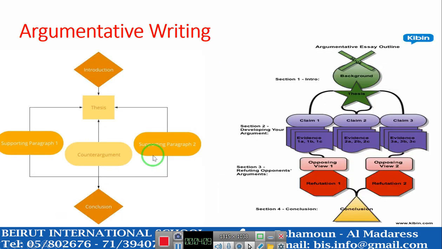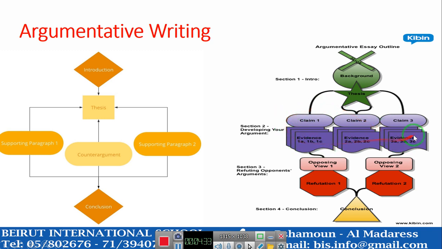So teachers usually prefer such types of argumentative essays, and that's why I advise you to use this type of argumentative writing. Second, in this argumentative essay, we have the introduction that includes the hook or the general statement, background, and the thesis. We have claim 1 with evidence, claim 2 with evidence, and claim 3 with evidence.